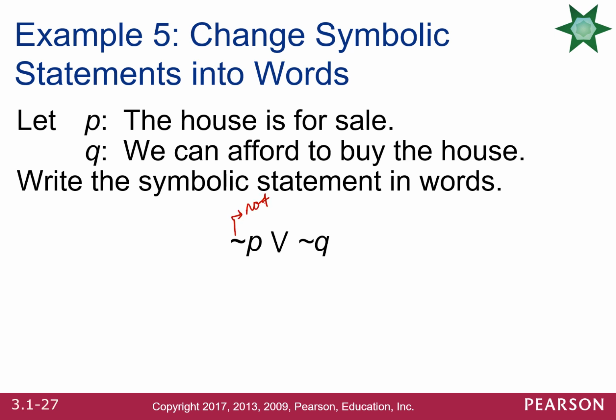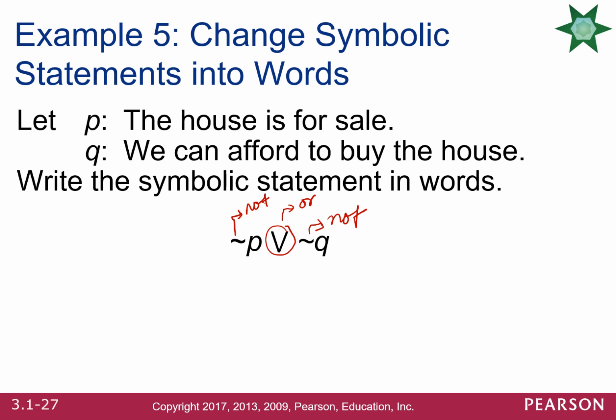It's not P, but this V represents or, correct? And then we have a not again. So not P or not Q. That means the house is not for sale. So both ideas are negated in this case, correct? The tildes suggest that both ideas are negated.